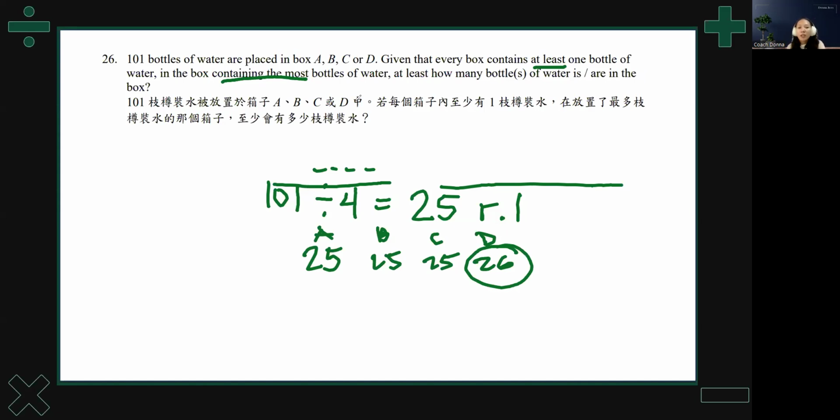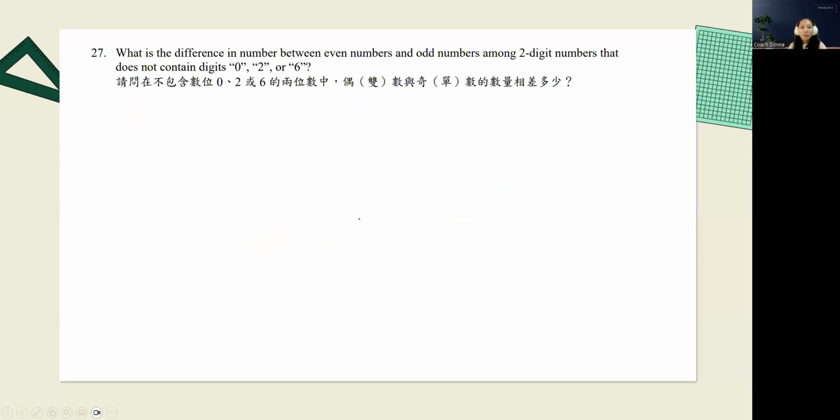If no questions, let's proceed to number 27. We're asked to find the difference in number between even numbers and odd numbers among two-digit numbers that do not contain digits 0, 2, or 6.